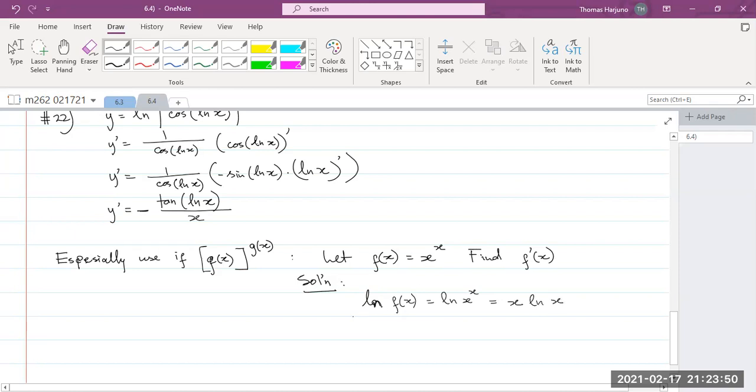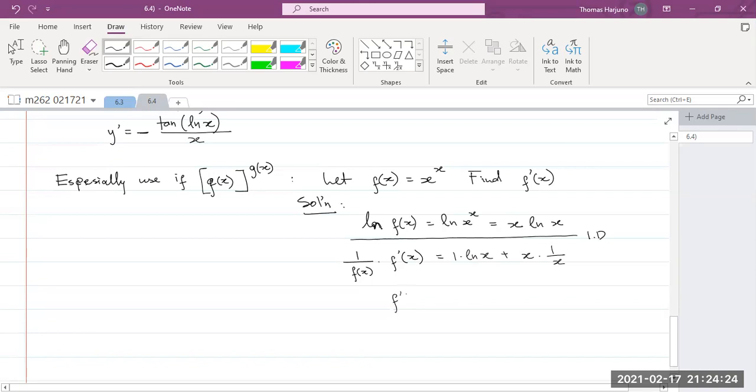Now then you apply implicit differentiation. When you do implicit differentiation, you will get 1 over f(x) times f prime of x equals, on the right hand side, you do the product rule: 1 times natural log of x plus x times the derivative of ln x, which is 1 over x.